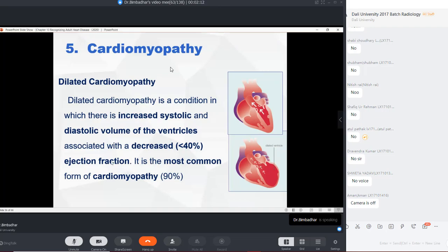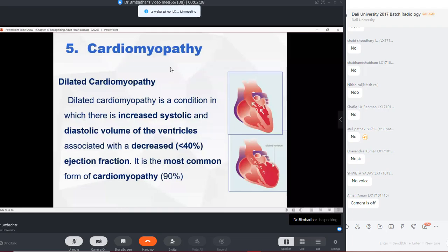Either the heart has increased in its size, or there is a lot of pooling of blood inside the ventricle which has been dilated. So both of these are the same thing.